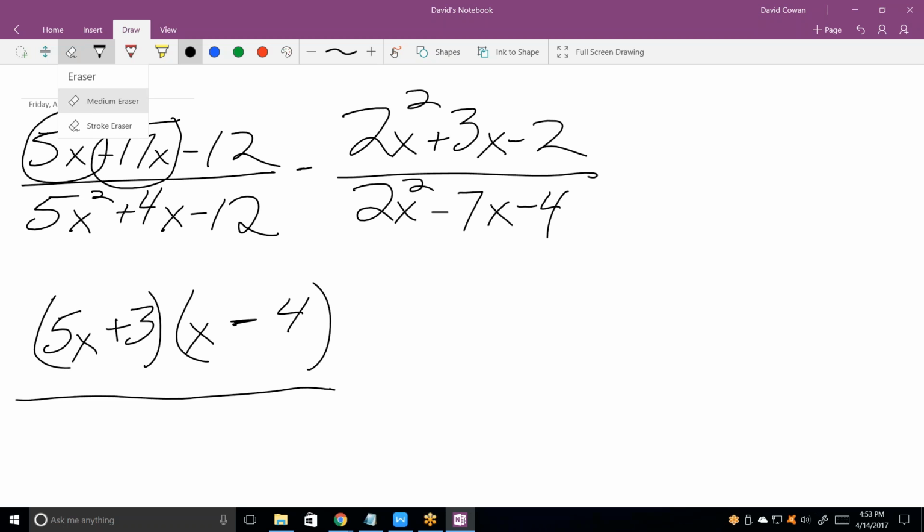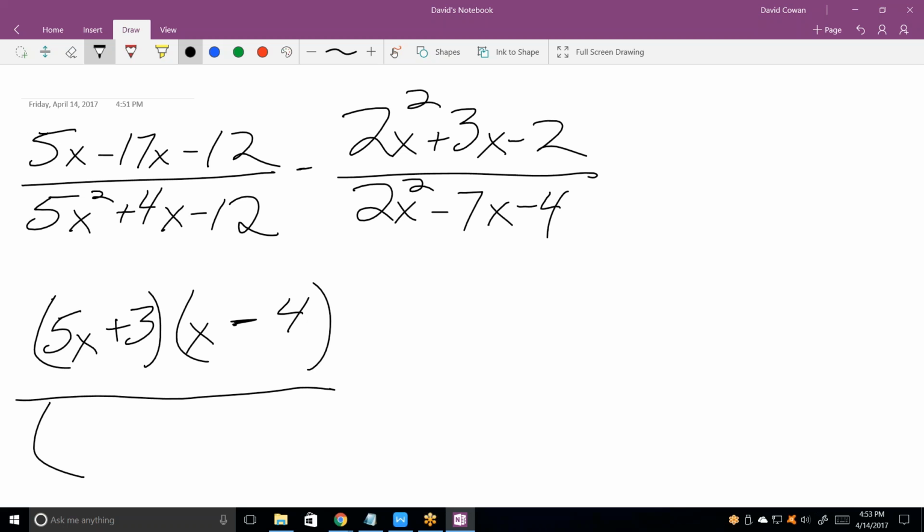That's kind of what I did in my head. I knew that I had to produce minus 17x as a middle term, and if I add 3x plus minus 20x, I get minus 17x. So I factored the top left.